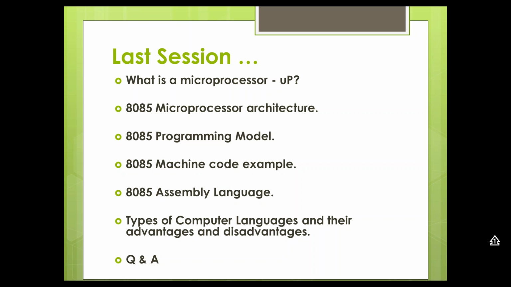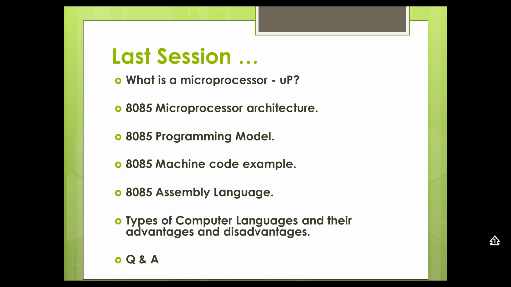Then we saw how machine code looks for adding two numbers, and the difficulties in understanding machine code itself. So people came up with assembly language to make things easier to understand.